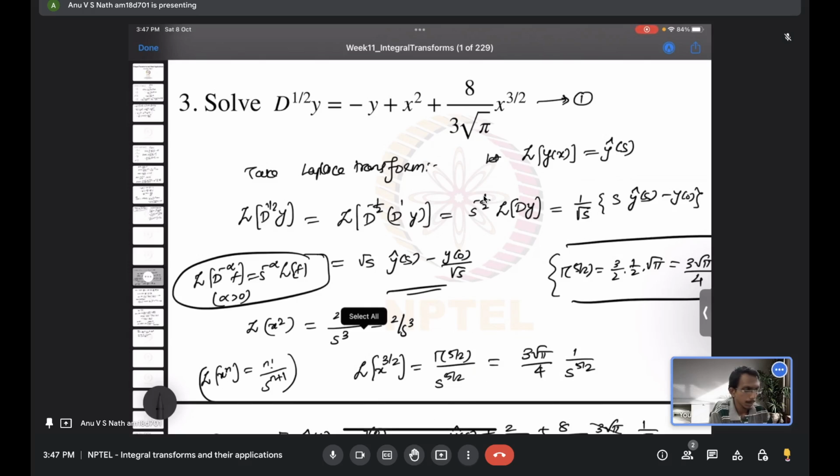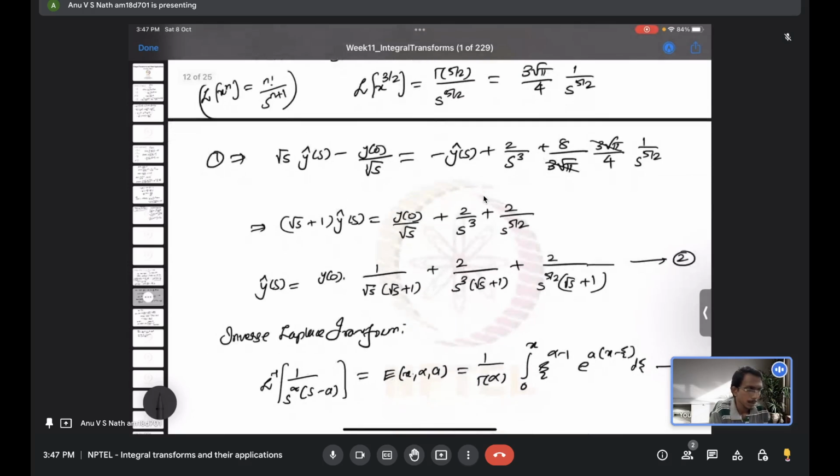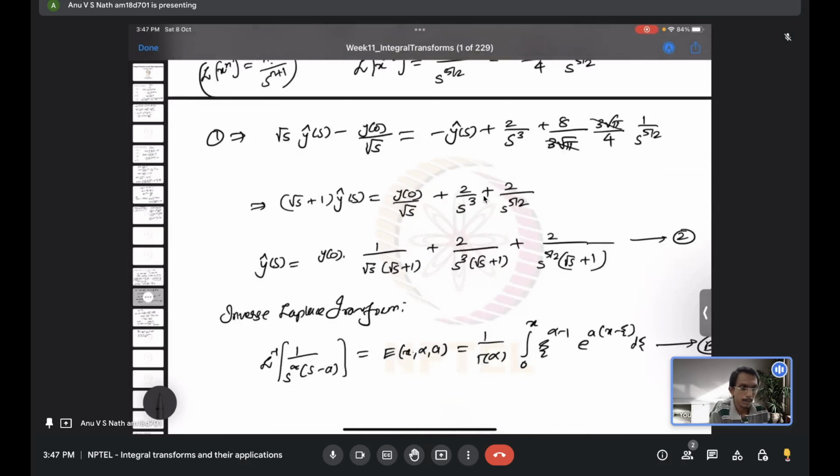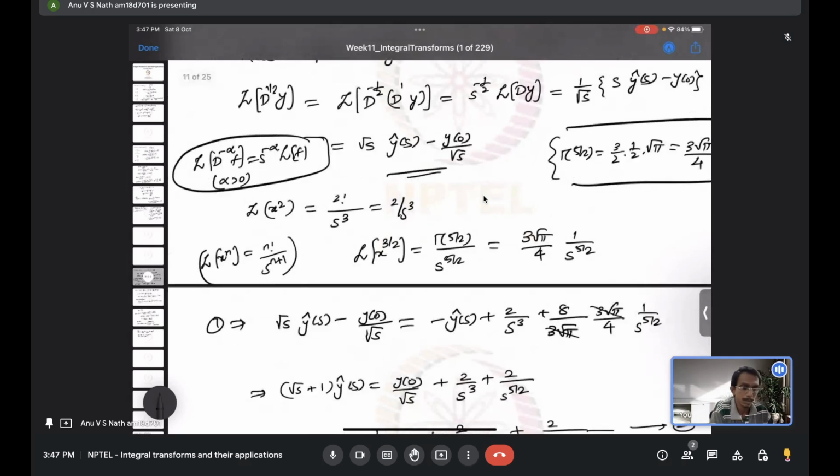Then all the other terms are straightforward. We will take the Laplace transform directly and rearrange everything. As we have done earlier in the Laplace transform cases, we get y cap of s, then take the inverse Laplace. Here for the inverse Laplace transform, we have to use a special function like the E integral.